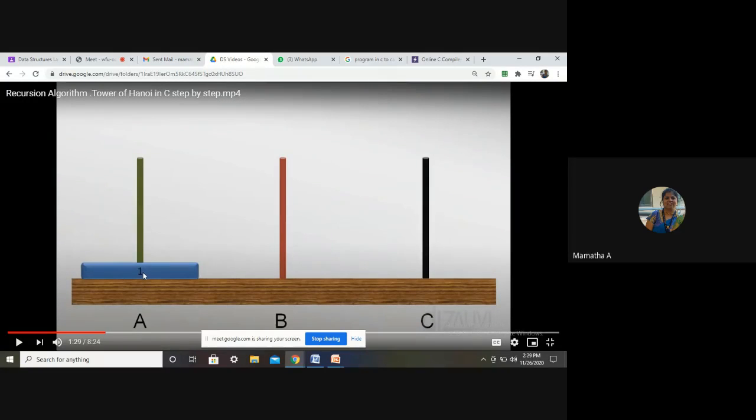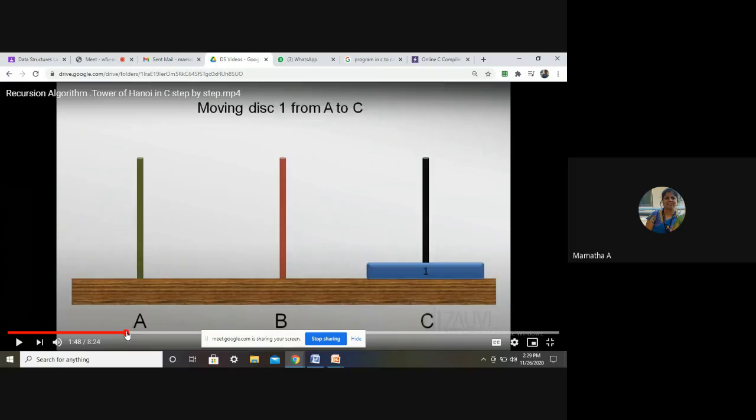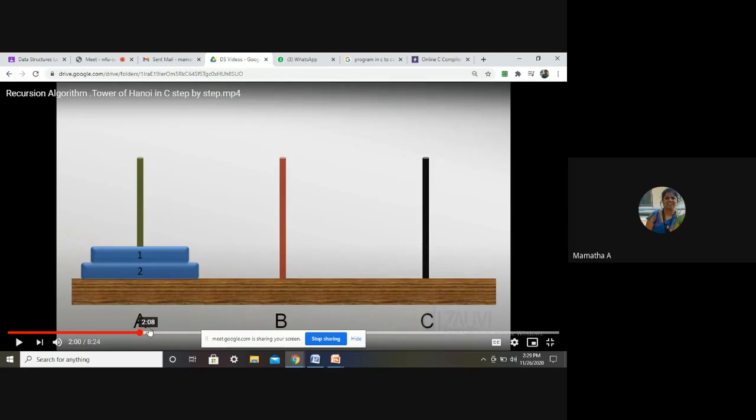Okay, one disk is there. I'll move the disk from A to C. See, one move. For one disk, we have one move. Very simple as it is. I'm not using the auxiliary peg. Not required.